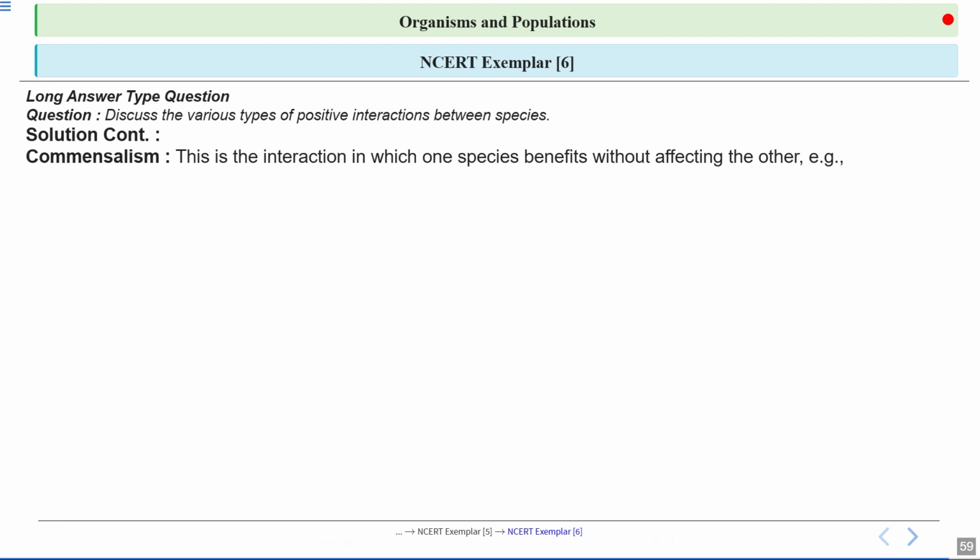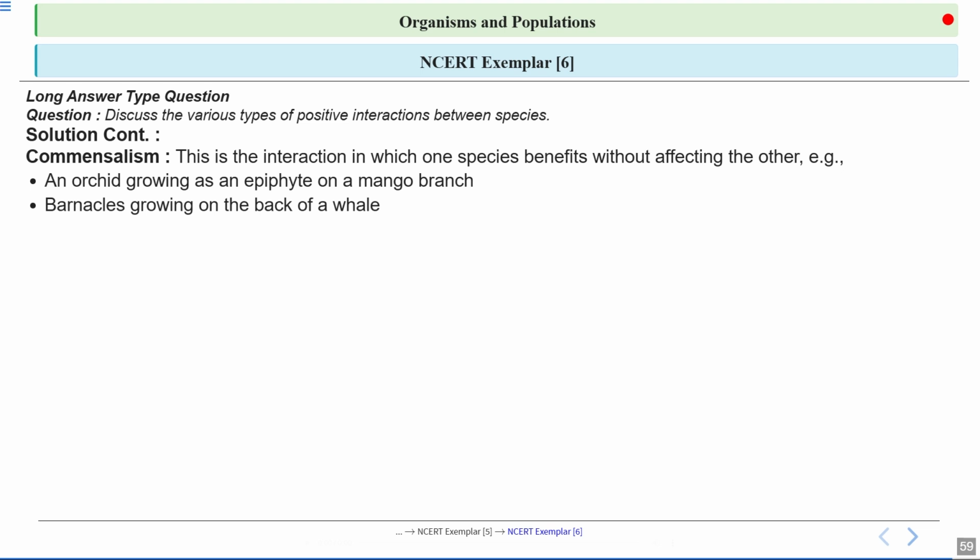Next is commensalism. In commensalism, one species is benefited while the other is unaffected. An example is an orchid growing as an epiphyte on a mango branch. Here, the orchid is using the mango tree for support so that it gets better access to sunlight. It is using the mango tree to grow up. Another example is barnacles growing on the back of a whale.